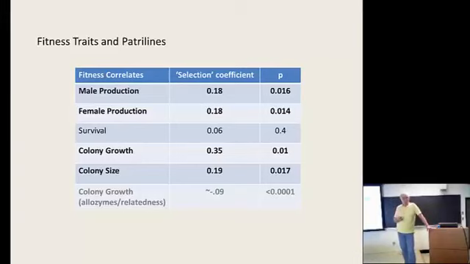For those 200 colonies for which we have detailed reproductive measures, we also have genotyped all of those colonies. We know how many times the queen mated.